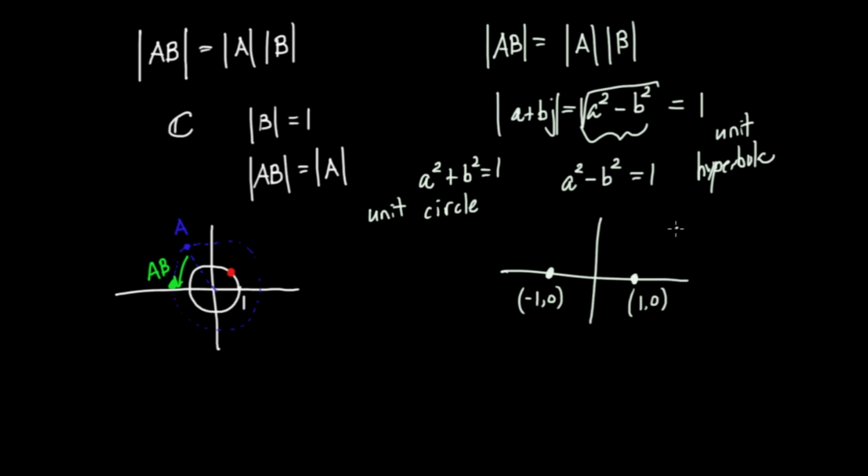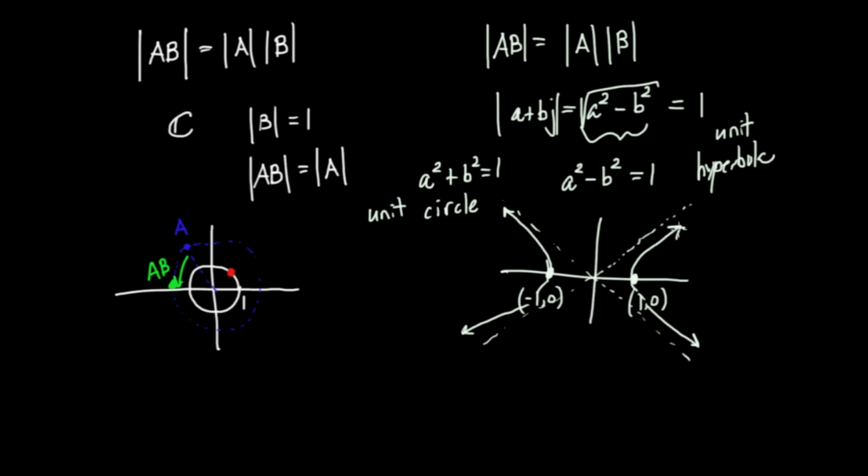The hyperbola is going to look like this, extending off in those two directions, and we have the symmetrical one over on this side. Of course, all these hyperbolas are going to have an oblique asymptote, which looks something like that.